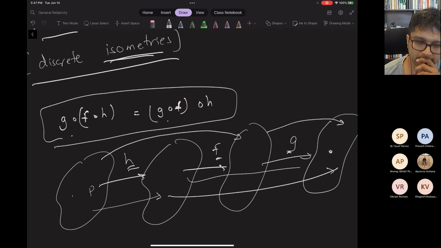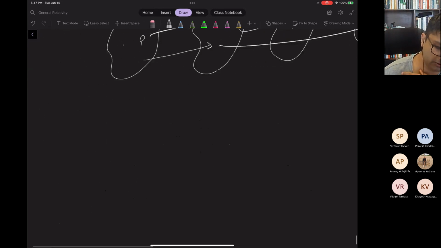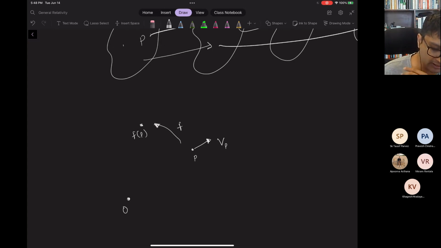Okay, sir. Yeah, the question that Pravesh asked was actually important. So here is O, here is P, and this is vector field V at P. And this is the point F of P after rotation. I perform some operation, a diffeomorphism by some F. We saw that you can take the push forward of V, which is F star.